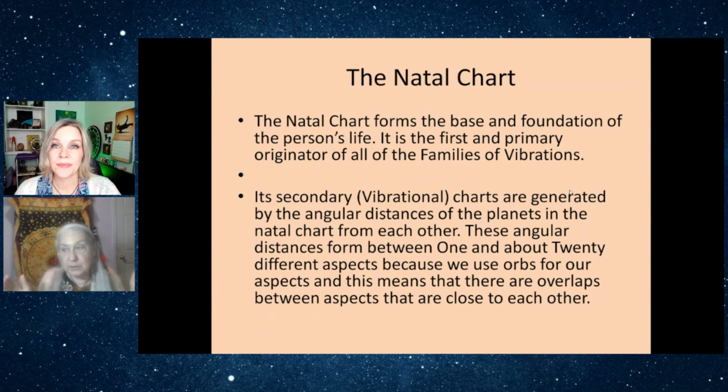The distance between two planets in the natal chart often forms up to 20 or 22 different aspects that angular distance is within orb of. I'll show you how this works. Using the orbs means that there are overlaps between aspects that are close to each other.